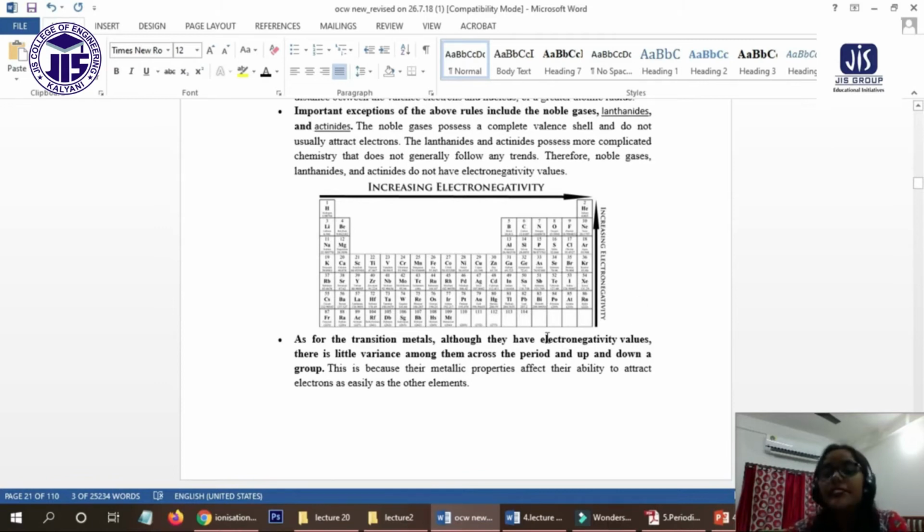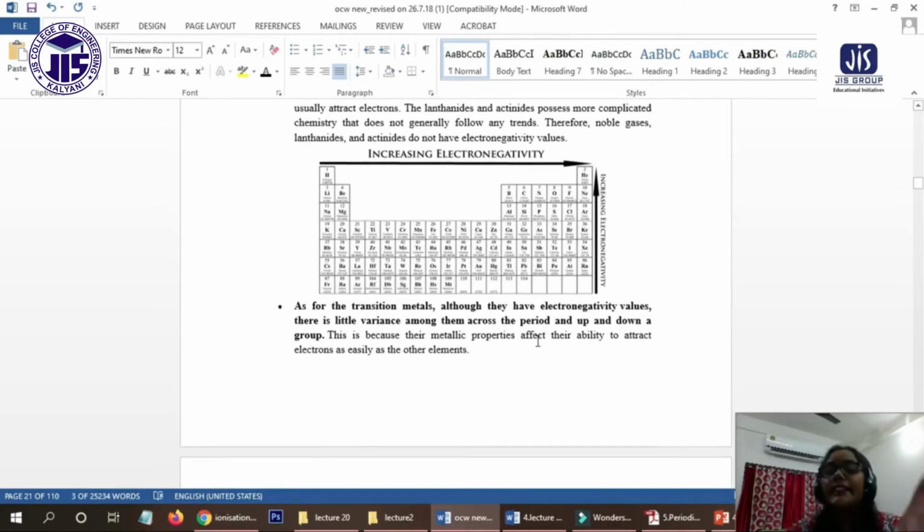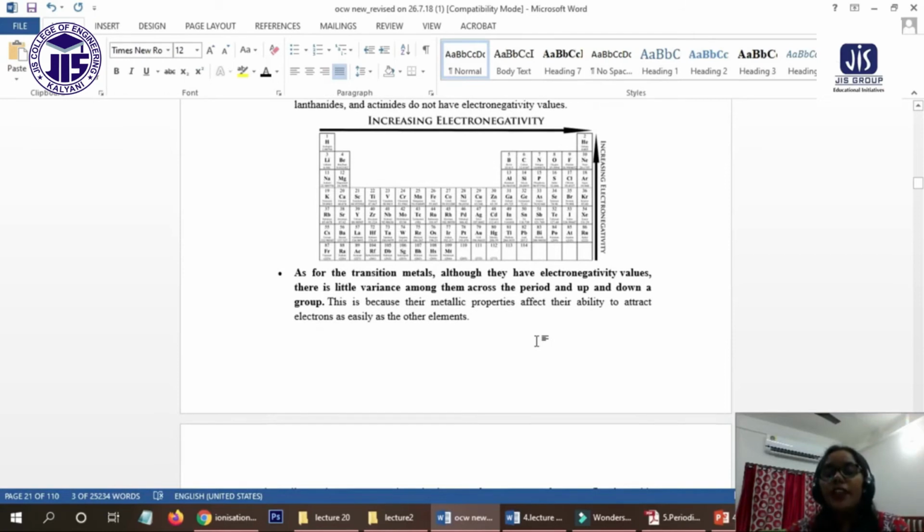Next we have discussed electron affinity and electronegativity. Electron affinity means the extra electron we are adding into the outer orbital, and whatever energy is released for that is called electron affinity. And electronegativity means the tendency to pull the bonded electron towards itself.